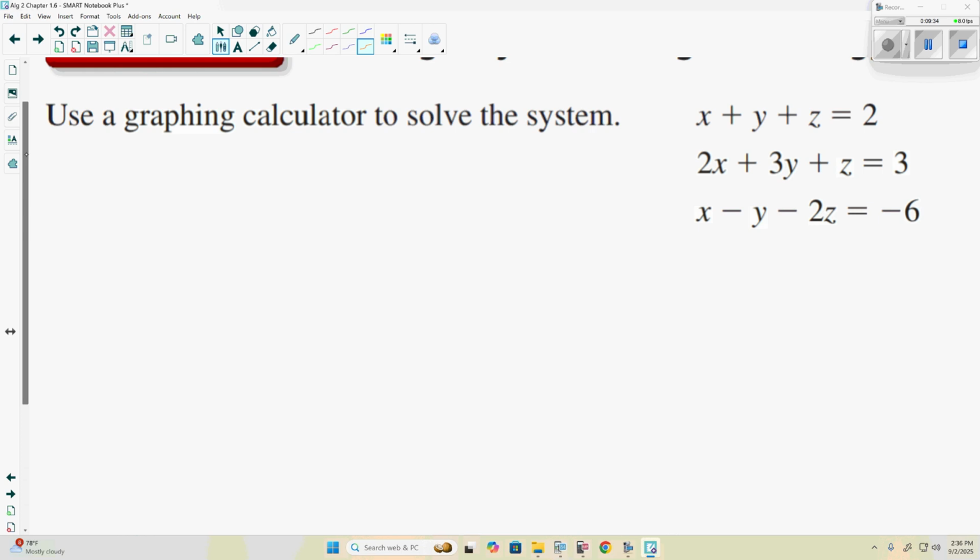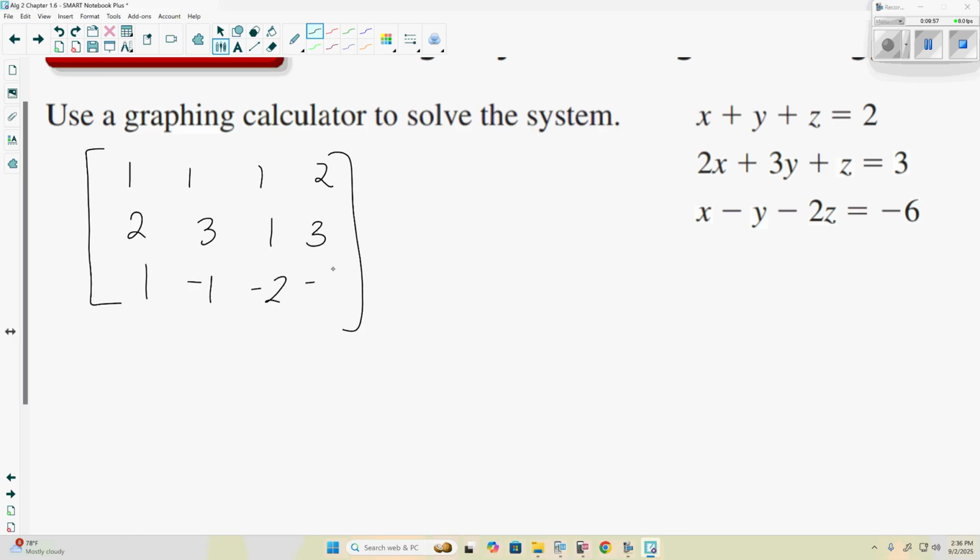What we're going to first do is rewrite this as an augmented matrix. Across the top, we have x plus y plus z equals 2, so that would be 1, 1, 1, 2. Our second equation would be 2, 3, 1, 3. And our last one would be 1, negative 1, negative 2, negative 6.